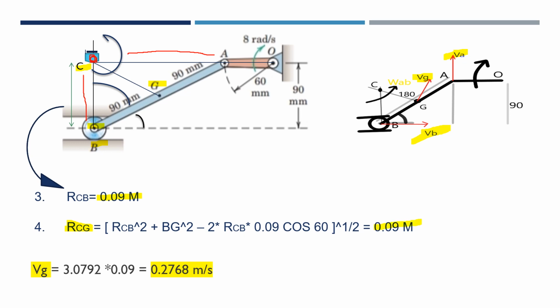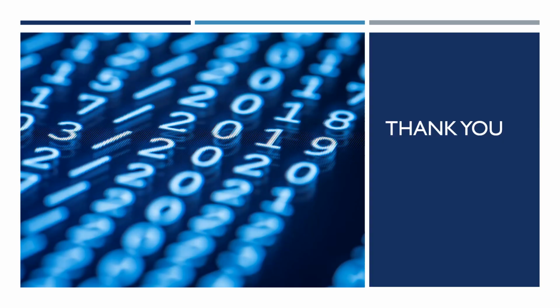As we had already calculated that Vg is equal to 3.0792 into RCG, now we can put the value of RCG as 0.09 and we get the answer to be 0.2768 meter per second. Thank you.